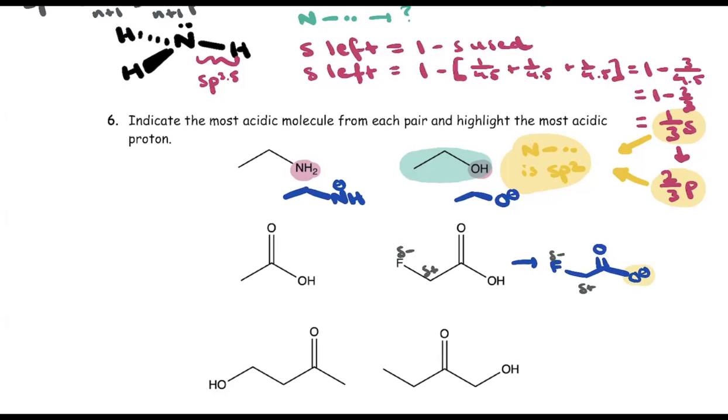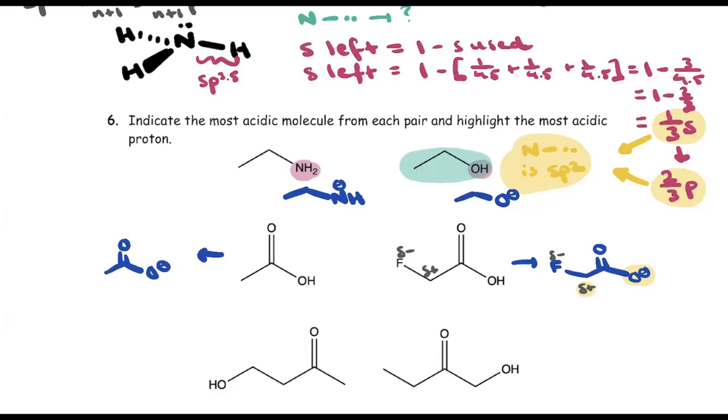And that's to stabilize that partial positive that you have there. You don't have a partial positive like that to stabilize for your other acetic acid. It's just a negative charge, just kind of chilling there with the carbonyl.